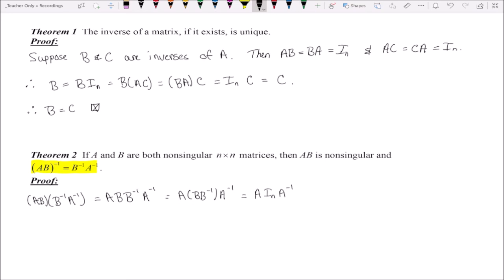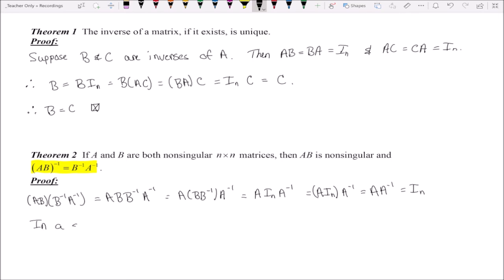Again, grouping doesn't matter, so we can group A with the identity matrix, which is, of course, just A. And again, since A is invertible, non-singular, that product is just the identity. So the product of AB and B inverse A inverse gives you the identity matrix.